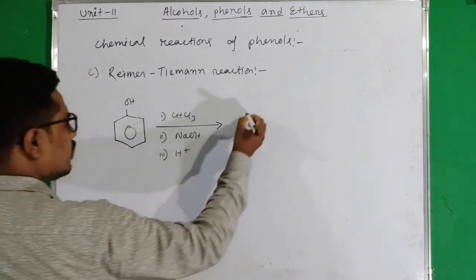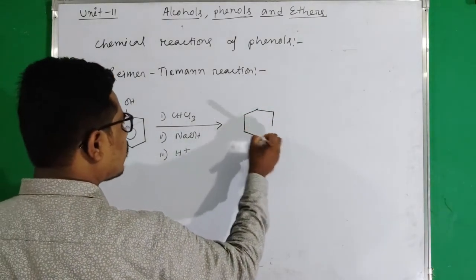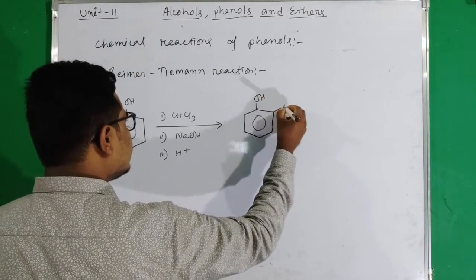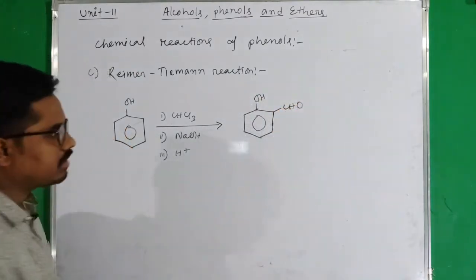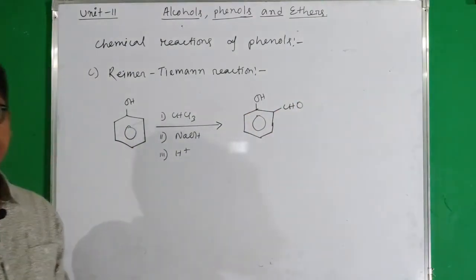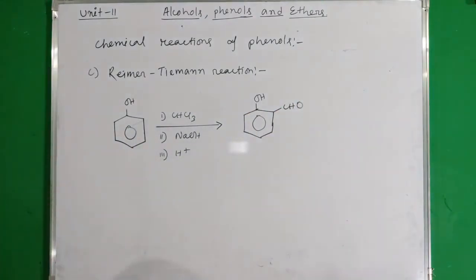Okay, and then in the product one CHO group is attached at the ortho position, and the product is known as salicylaldehyde.